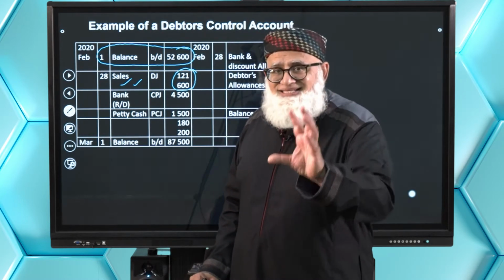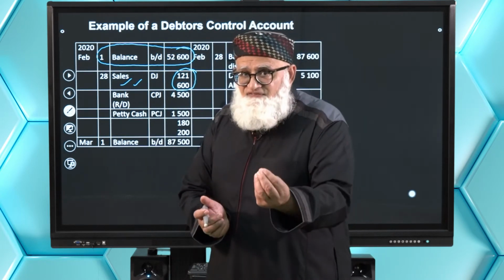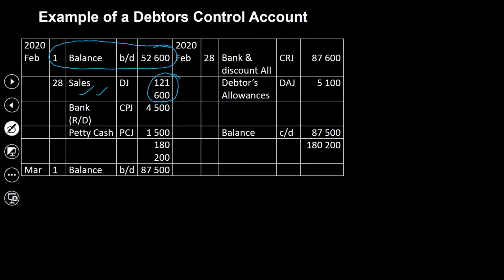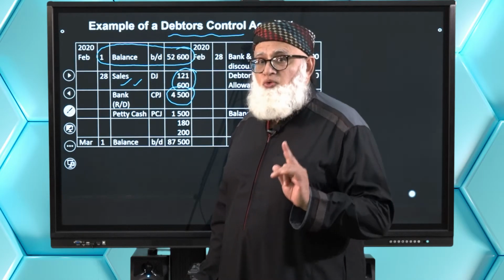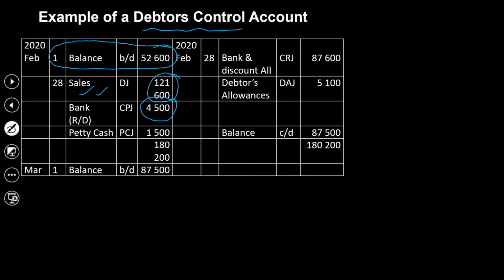Because this is the total credit sales. And therefore, like we alluded to earlier on, this is reflected in the debtors control account in my general ledger, right? There was a return of 4,500. Once again, do you know who the return was from? No, that's the total posted from my journal, right?